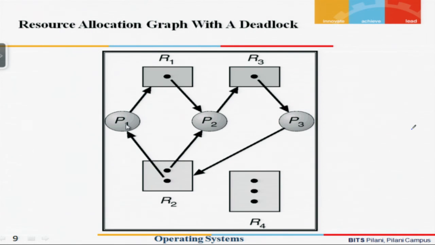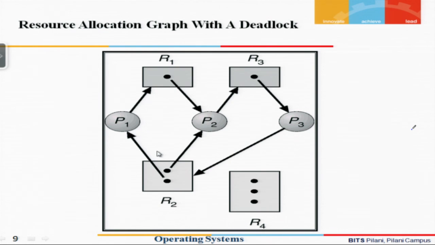So, we can see that there is a cycle. Please note that this is not a cycle: if I say P1 to R1, R1 to P2, P2 to R2, you see that there is no P2 to R2, there is an R2 to P2, the direction of the arrow changes. So, this is not a cycle.